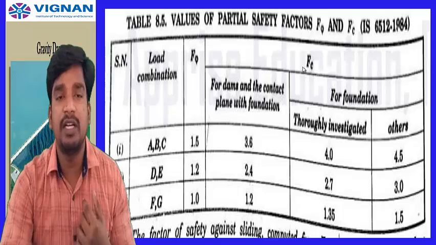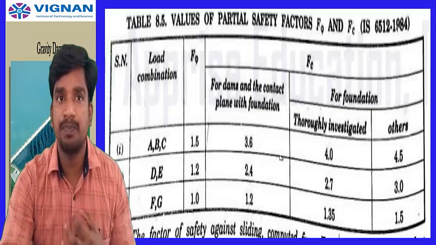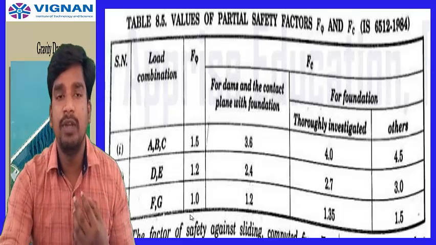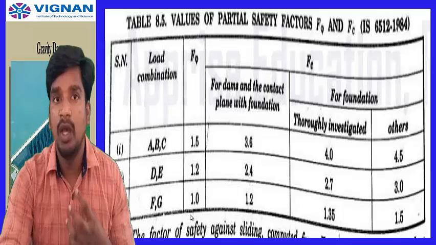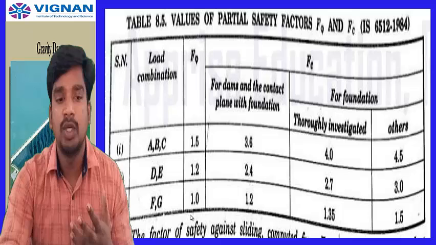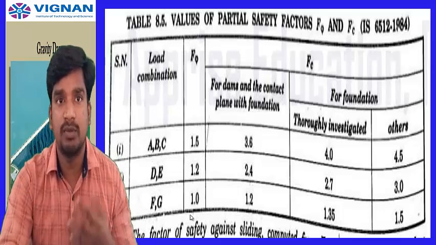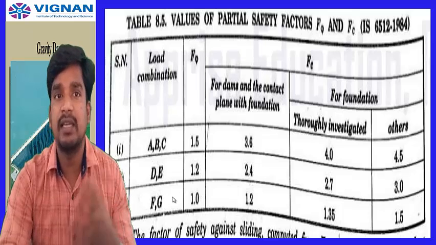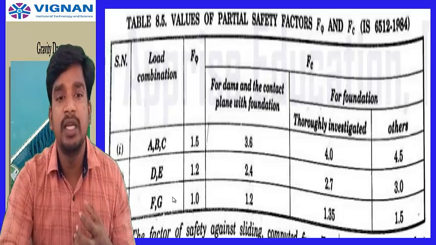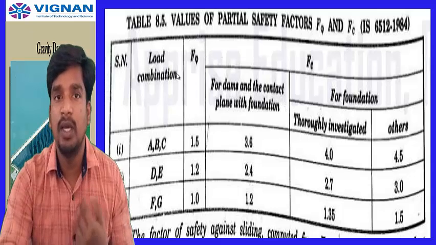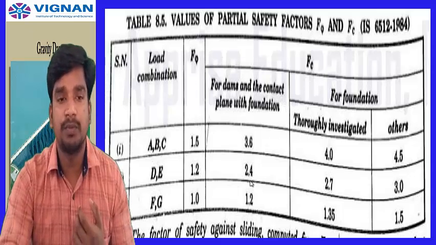These are considered for different load combinations, because, as in the case of RCC building design, we need to consider load combinations, as all the loads may not act simultaneously. So here also there is a combination of the different forces acting on a gravity dam that we have discussed so far. For those combinations, these partial safety factors F5 as well as FC are considered. This is the tabular column given in the IS code, revised code 1984.